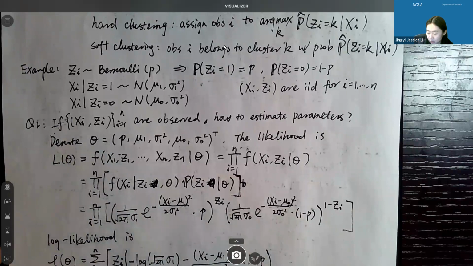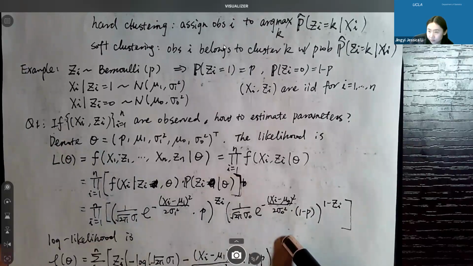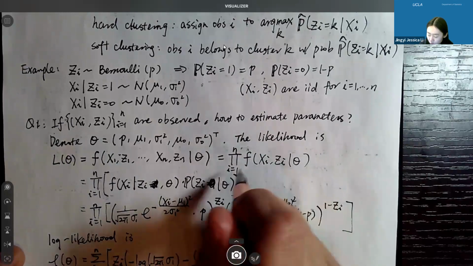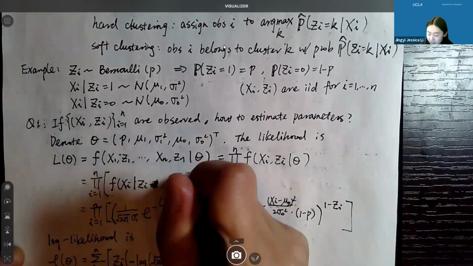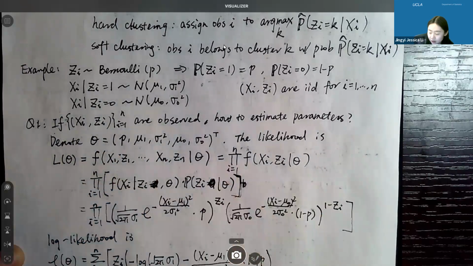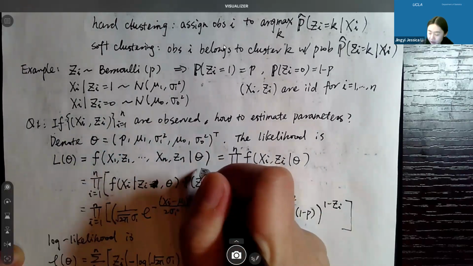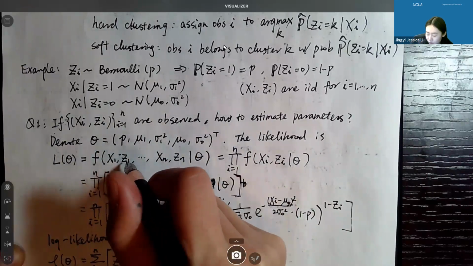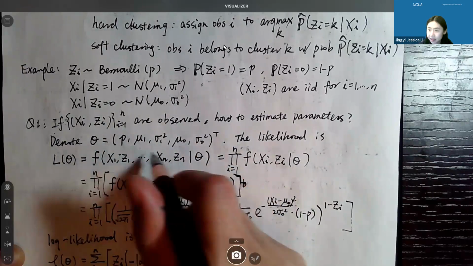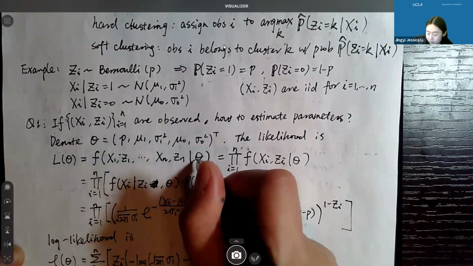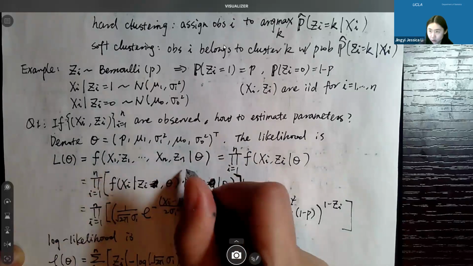We did the MLE, trying to write down the likelihood. Here is the key. The likelihood is basically the joint density of my data at this parameter value, theta. So we can look at this function in 2 ways. If we consider the data x1, z1 to xn, zn to be the variables in this function, and the parameter theta being fixed, then we call this the joint density.